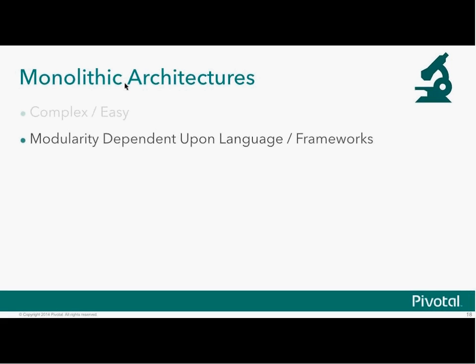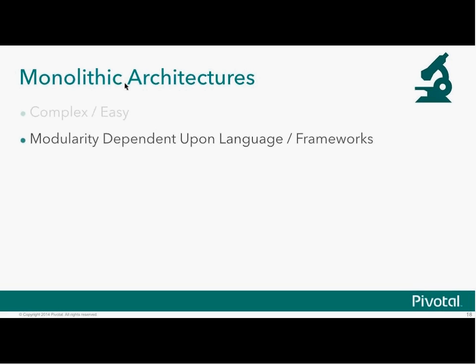One of the reasons why these are complex is because the tools that we have for modularity are very difficult to use well. They require an extremely high degree of discipline. When you think about Java, we basically have classes and packages. And the IDE is very helpful to us, and it will automatically import packages that maybe we shouldn't be using, or it will automatically allow us to access classes or call methods that maybe we shouldn't be using.